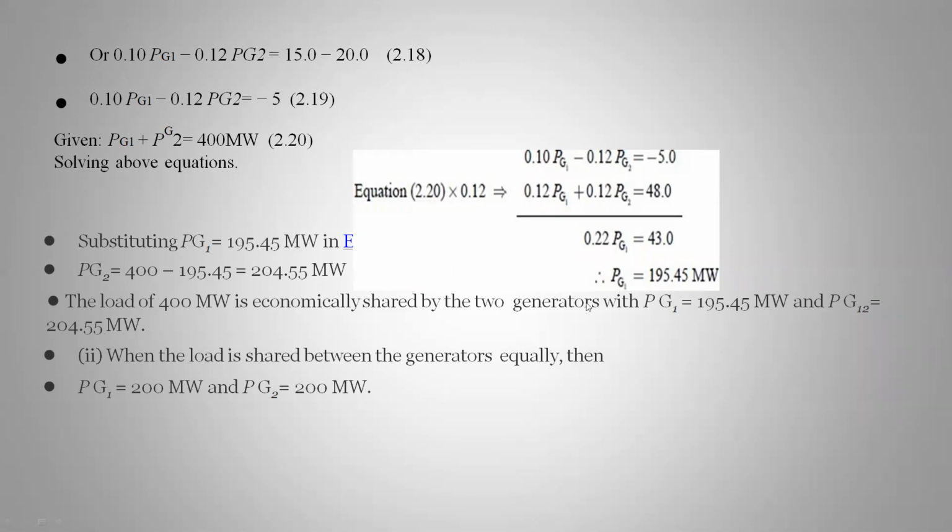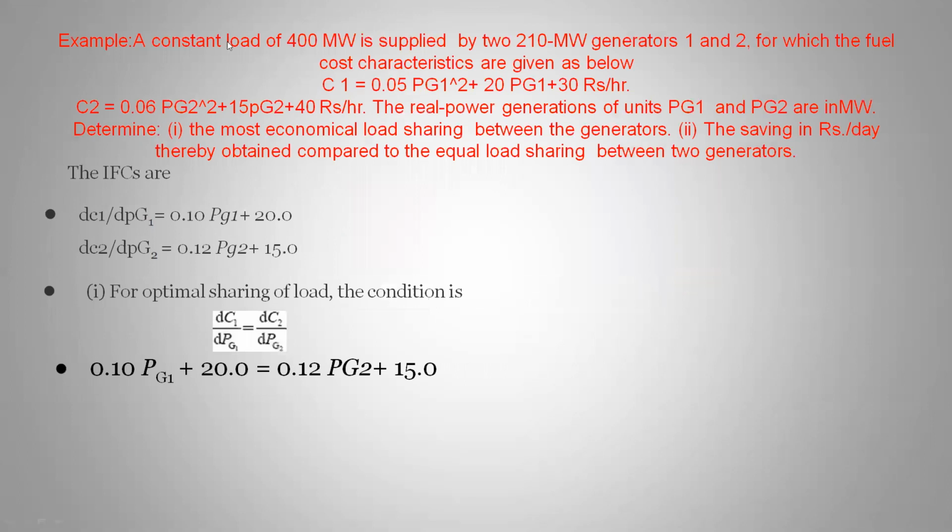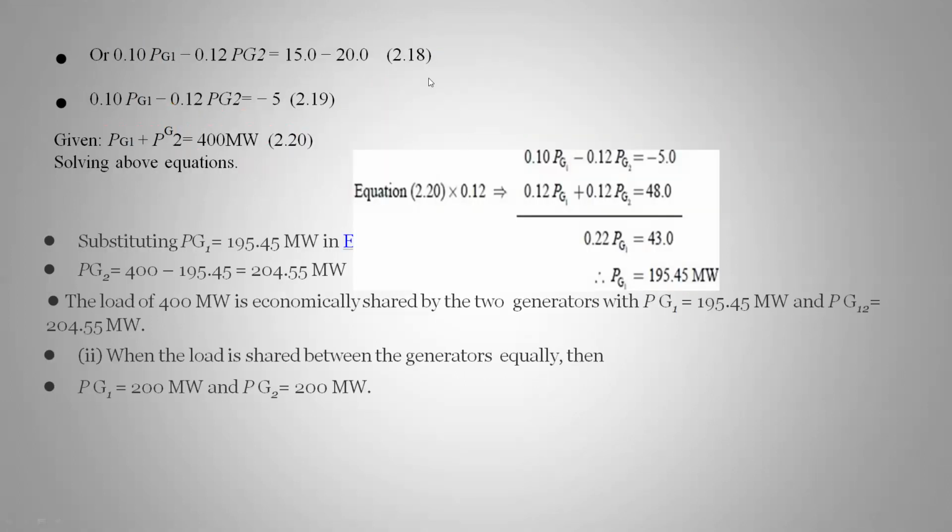Please check once: power generation 1 is 195 megawatts and power generation 2 is 204.5. Okay. Here a condition was given: a constant load of 400 megawatt is shared between the two 200 megawatt generators. So the total load of 400 megawatt is economically shared by the two generators with Pg1 195.45 and Pg2 204.5.